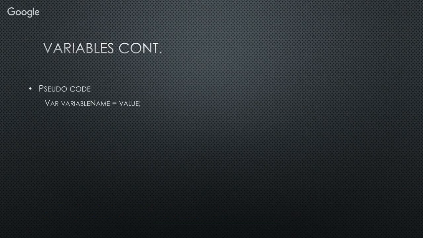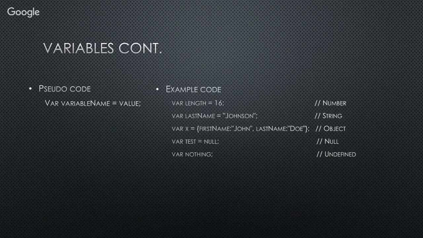So here we have the variable name and value, simple to declare. The var keyword is really powerful in JavaScript, but because it's not a strongly typed language, a variable can change what it's holding. In stronger typed languages like C++, C#, or Java, you have to say this is an integer or this is a string.